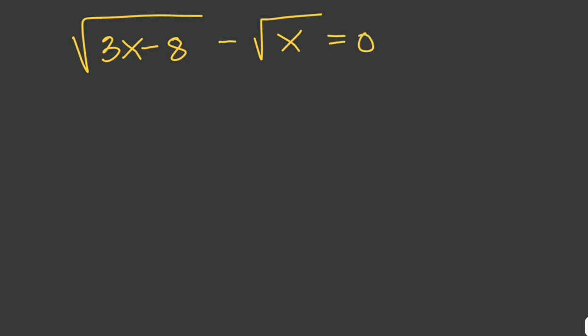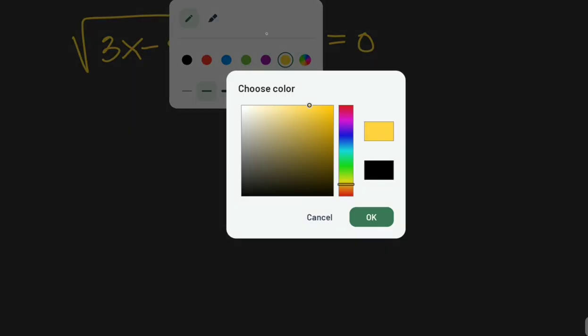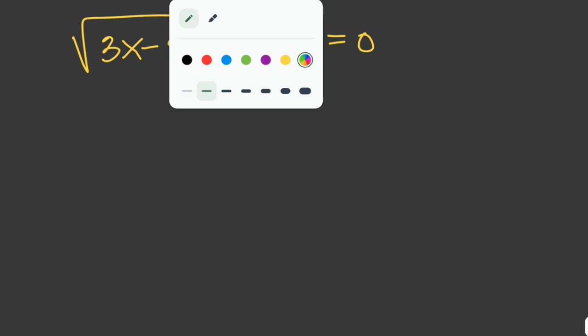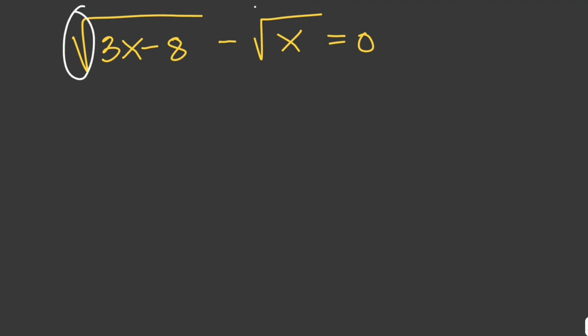Say for example, we're given this problem: square root of 3x minus 8 minus square root of x equals 0. Now take note here that we're given a square root, so that means the index is even, which also means that we need to check our answers.